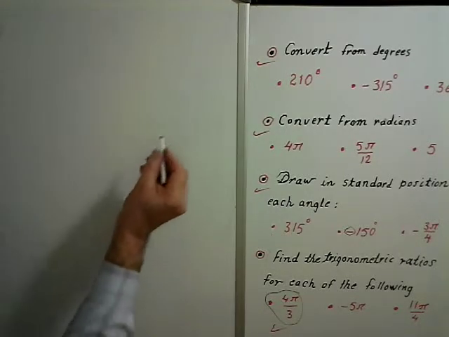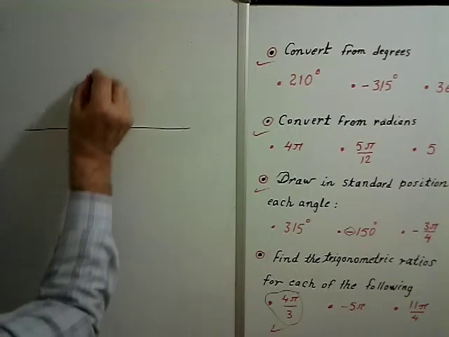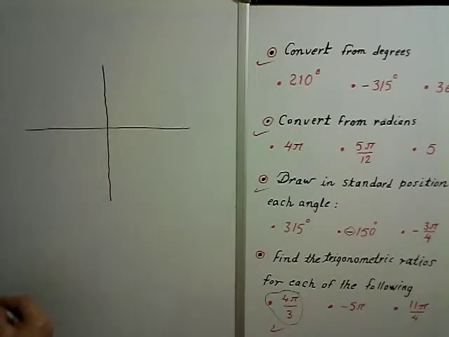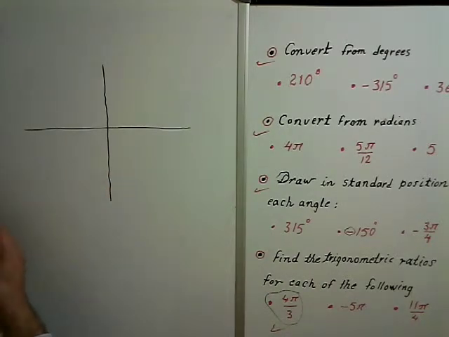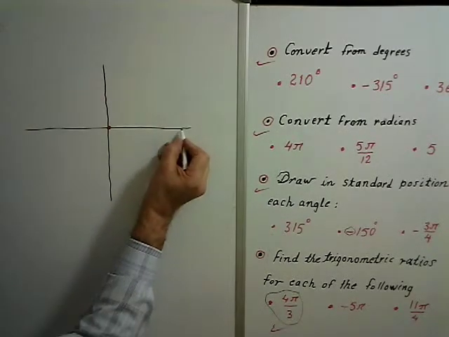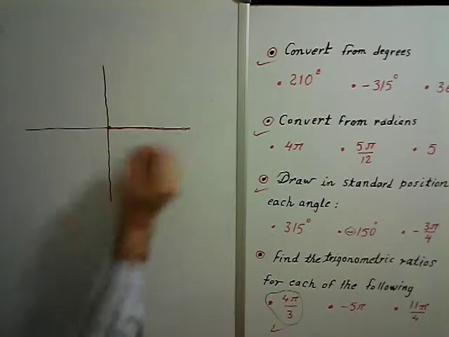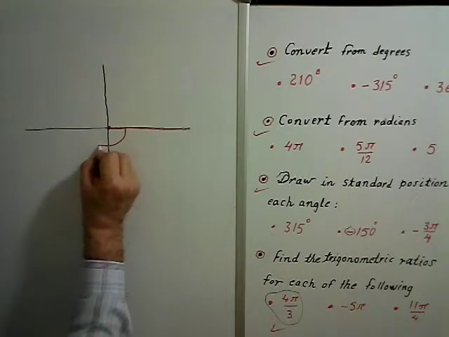Here is the x-axis, here is the y-axis, and when you draw a negative angle, we go in the clockwise direction. Here is the vertex of the angle, and this is the initial side, and we will start to move in this direction.